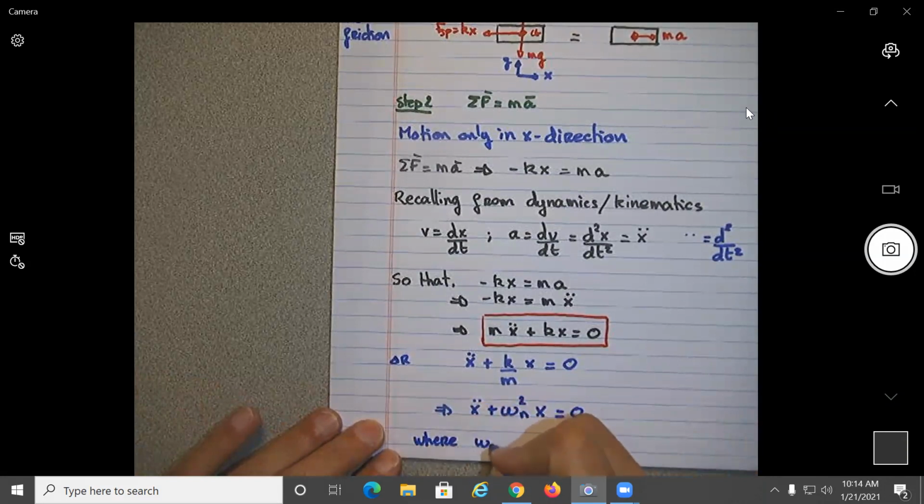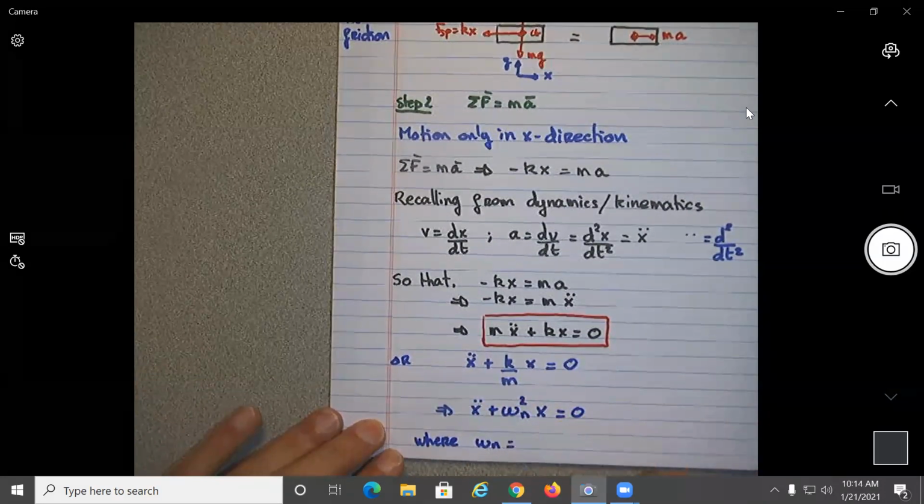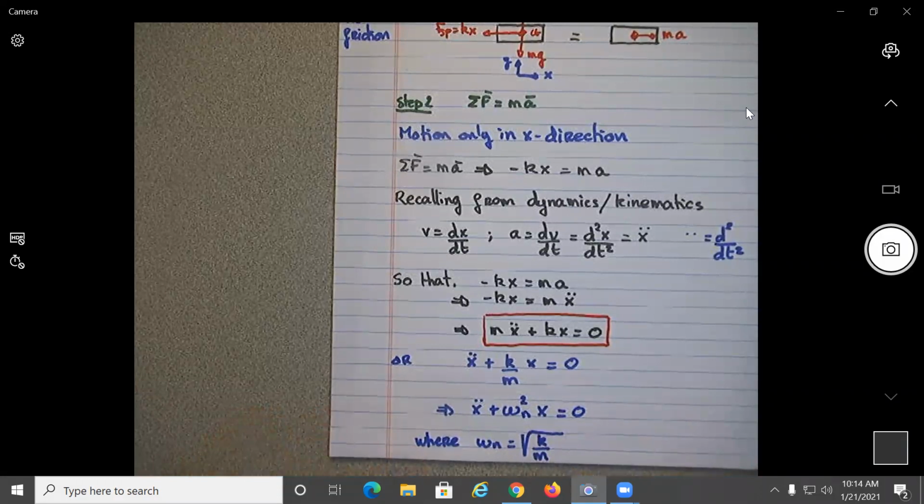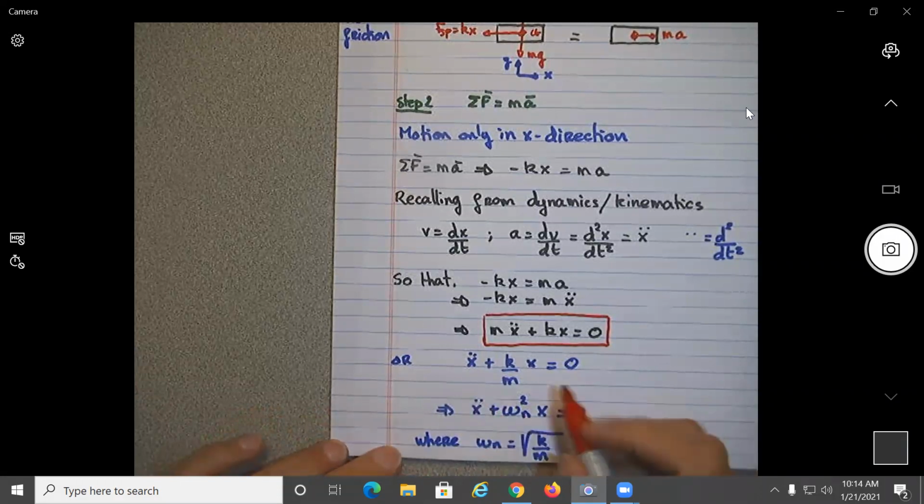where omega sub n is the square root of k over m.